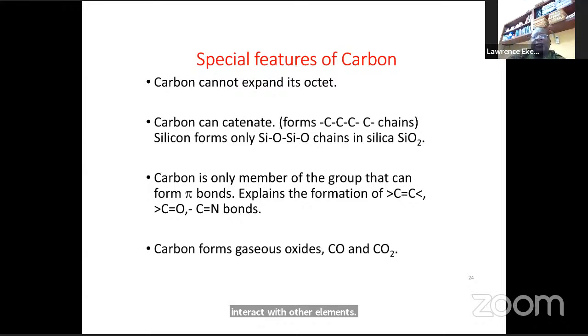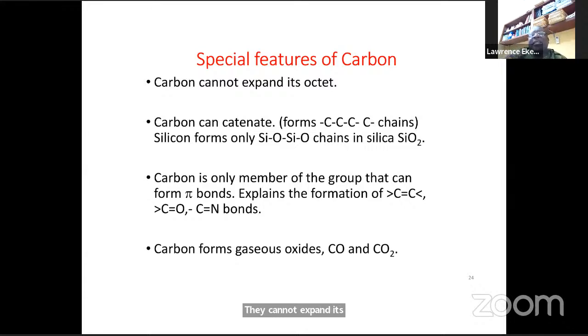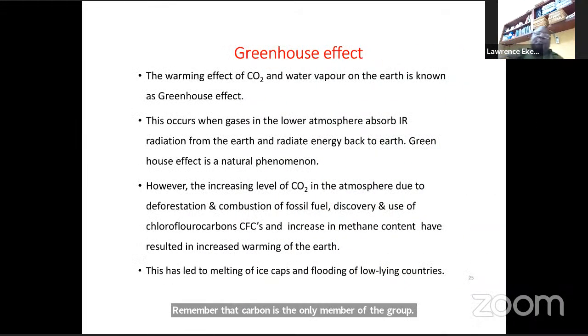They can interact with oxygen, with nitrogen, with the halogens, they can form gaseous oxides, they have the ability to exhibit catenation, and they cannot expand their octet. So these are the peculiar characteristics of carbon. Remember that carbon is the only member of the group that forms pi bonds.